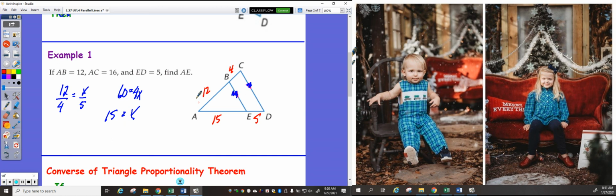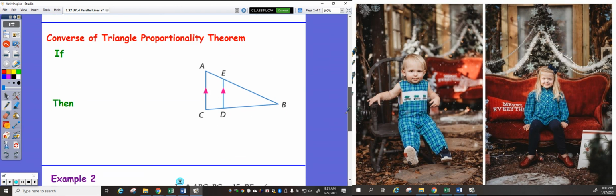If 12 over 4 equals 15 over 5, then I know these two lines are parallel. So it's just going backwards. If they're parallel, this over this equals this over this. If this over this equals this over this, then this is parallel to this. That's all it's saying.